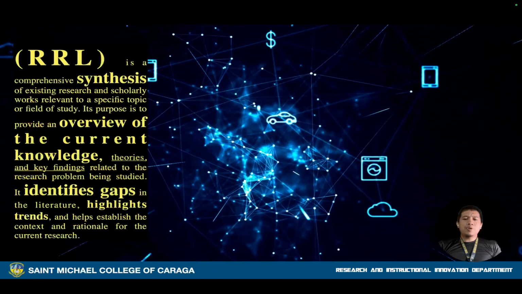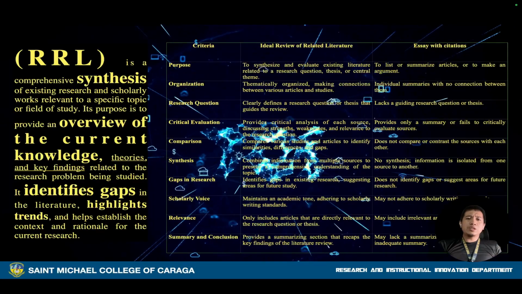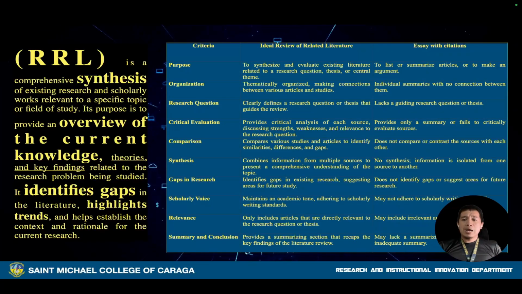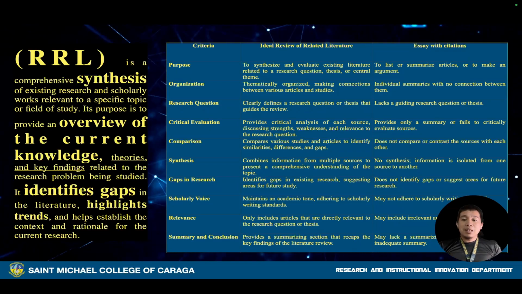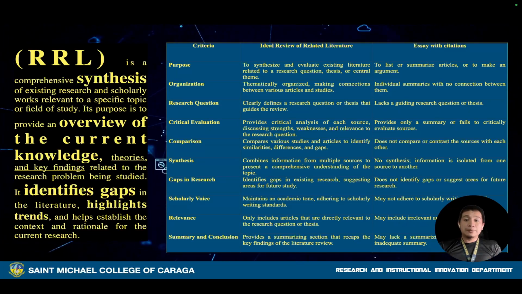To formally look at the RRL, it's going to rely on two ideas. There's the idea of writing an essay with a citation, and there's also the idea of how to craft a proper and ideal review of related literature. Since we're going to synthesize and evaluate the existing literature, we need to familiarize ourselves with each journal article and its content.